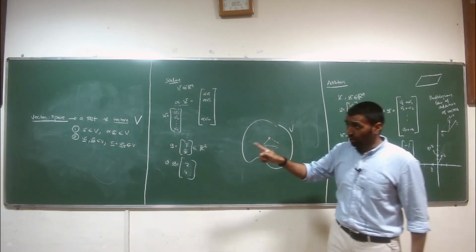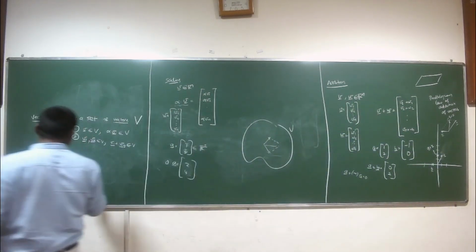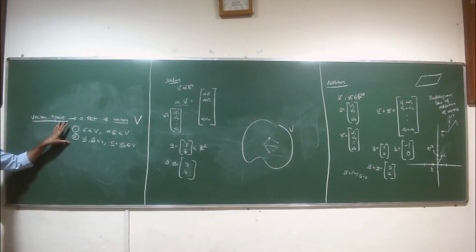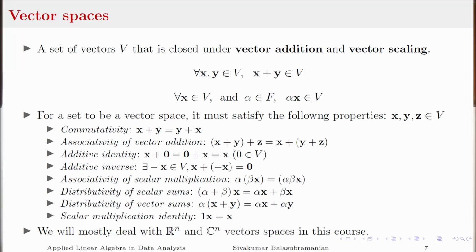This is a definition, and then you have a set of consequences because of these definitions, and some of them are listed here. The first two properties are standard vector addition properties, commutativity and associativity.